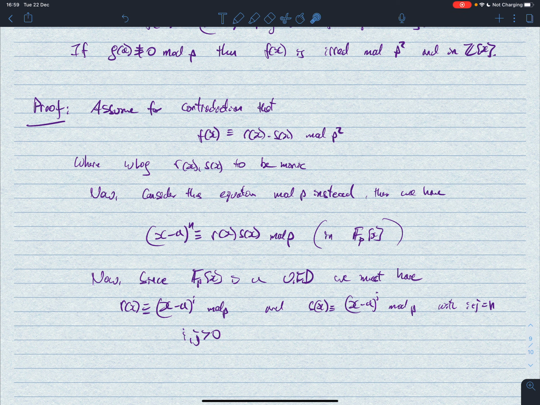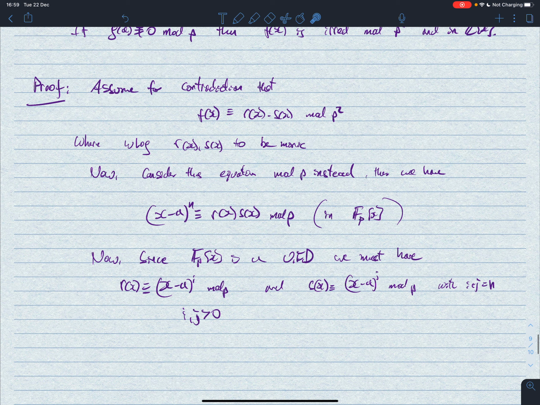I'm assuming that I had some non-trivial factorization. If you think of what the factors of (x minus a) to the n are, because I have a unique factorization domain, the factors are just lots of copies of x minus a. So some number of copies have to fall into the r of x, and some other number of copies have to fall into the s of x.